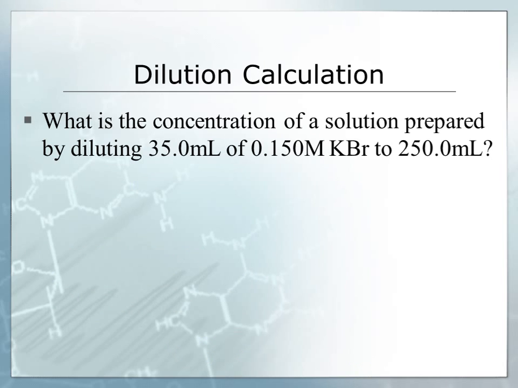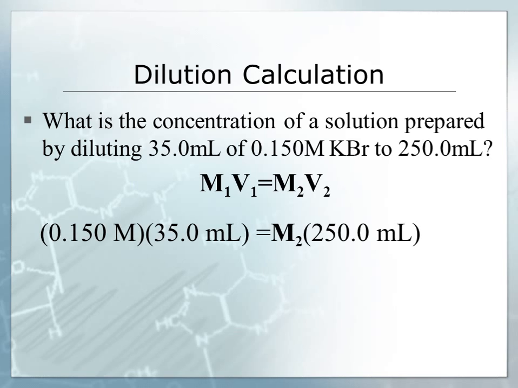So if we take a look at an example, what is the concentration of a solution prepared by diluting 35 milliliters of 0.150 molar potassium bromide to 250.0 milliliters? We are starting with our stock solution of potassium bromide and 35 milliliters of it, and we are asked to create 250 milliliters of solution.